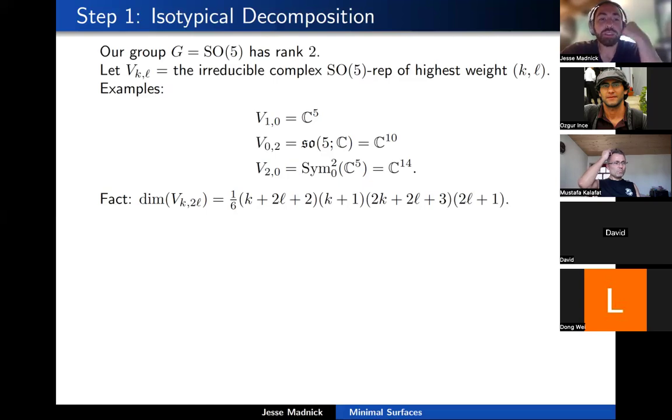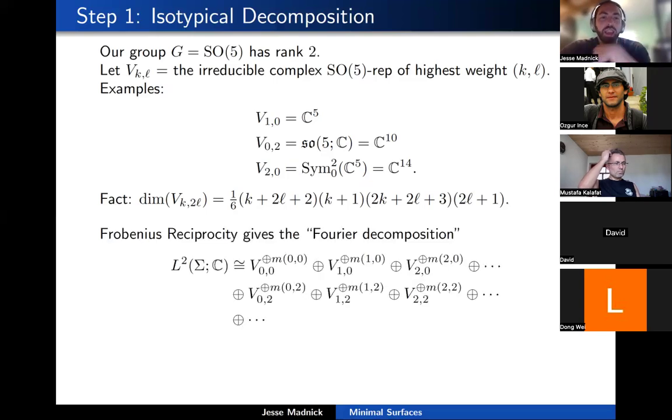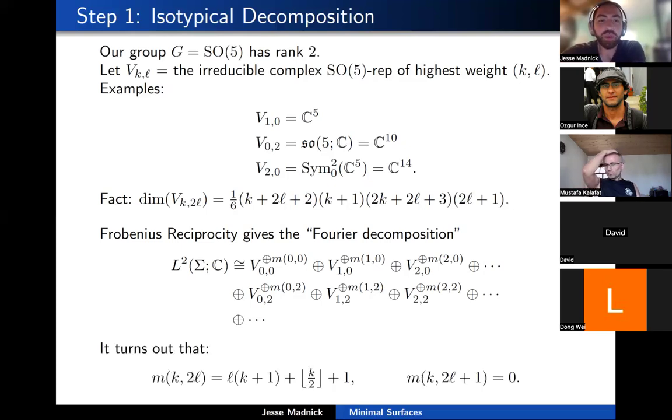The dimension of V k,2l is given by Weyl's dimension formula. And Frobenius reciprocity, which we mentioned earlier, gives us this Fourier decomposition of sorts. This is what you get with this infinite sum. We need to compute the multiplicities.